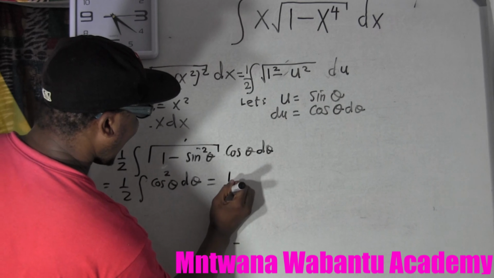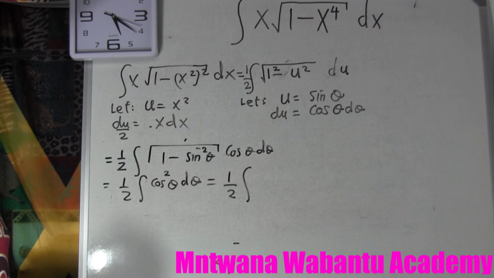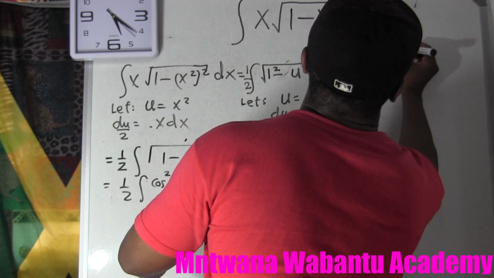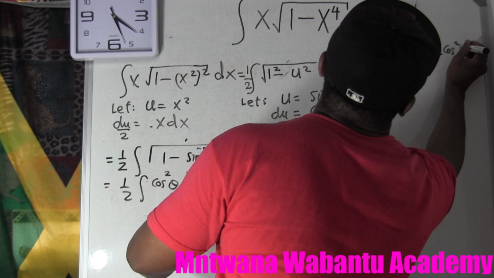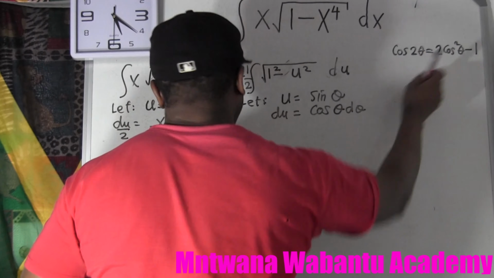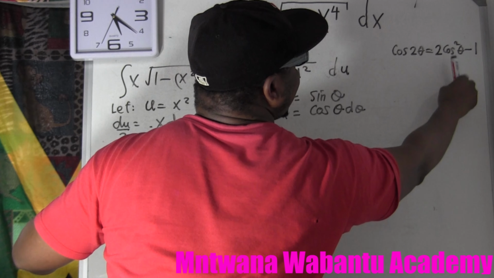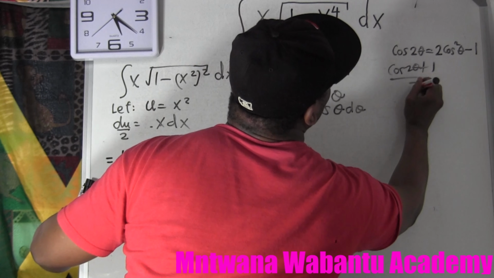From the trig identity, we know the double angle cos 2 theta equals 2 cos squared theta minus 1. If I want cos squared theta, which I have to replace there, then cos squared theta equals (cos double angle plus 1) over 2.